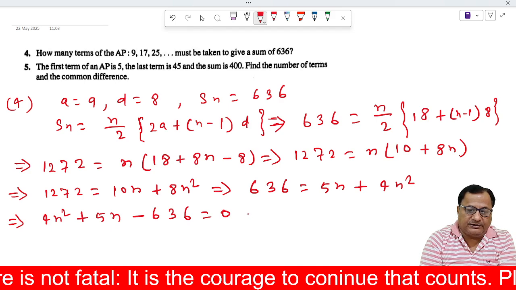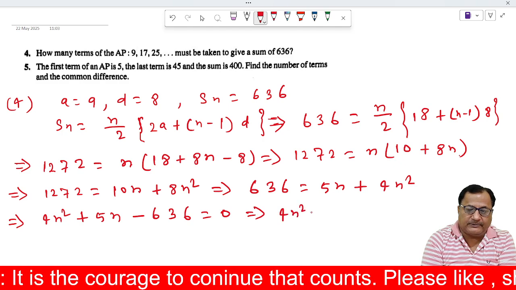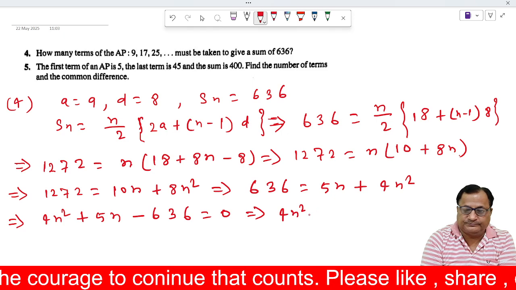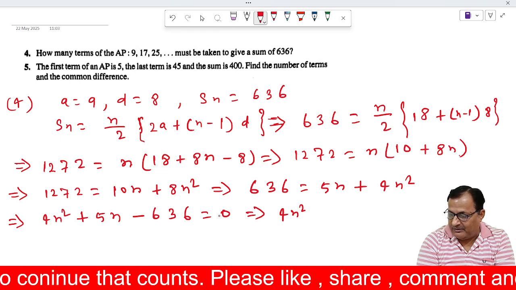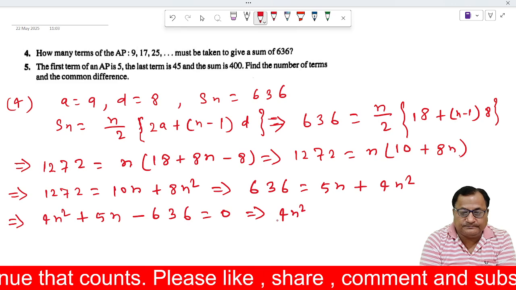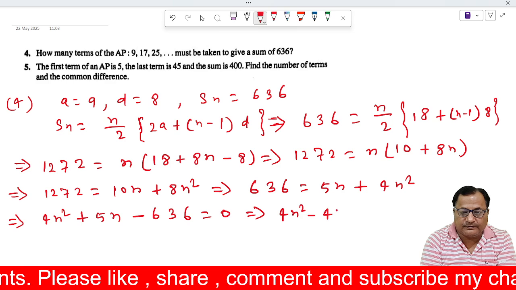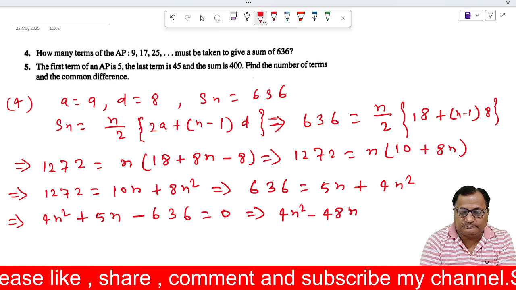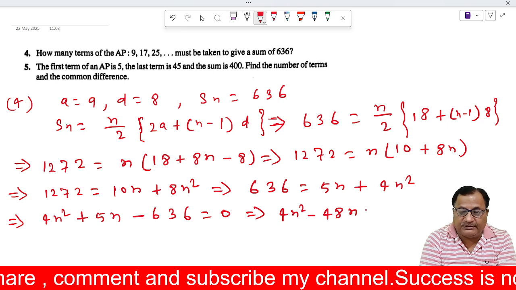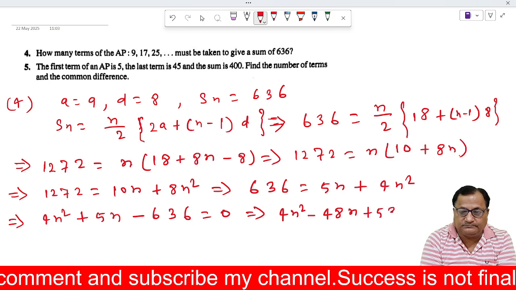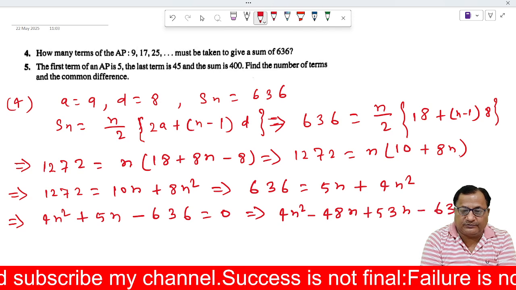So if we split the middle term, we will get 4n square minus 48n plus 53n minus 636.